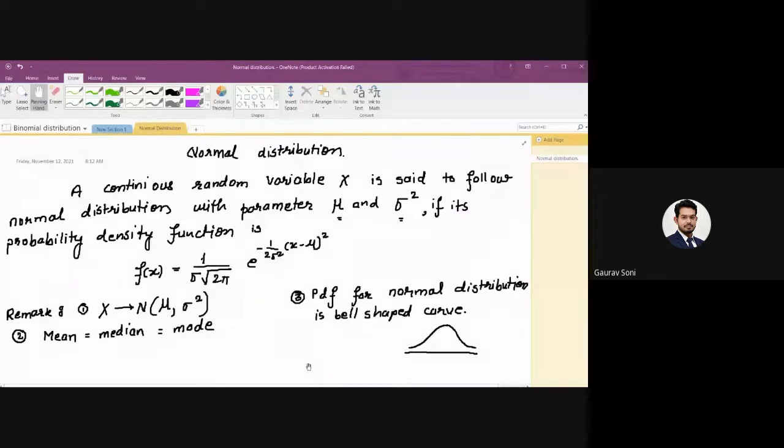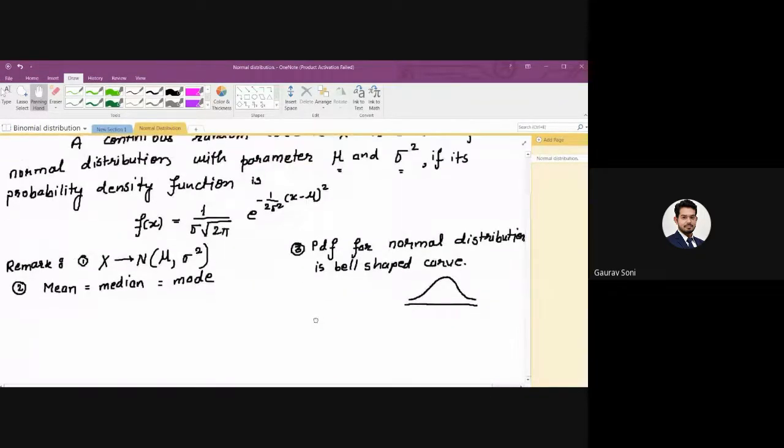When we are talking about this normal distribution, it is a bell-shaped curve. But data may differ. In some cases, the bell-shaped curve that we have may be here, in some cases it may be shifted to the right-hand side.